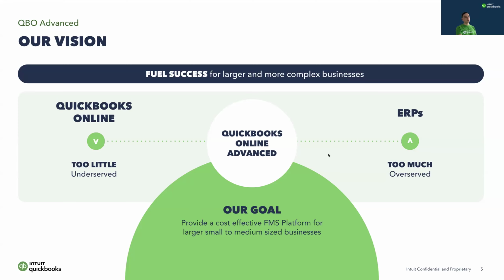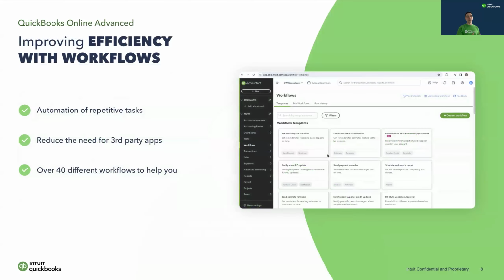Okay, so how it does that is through a number of ways, but the first one I want to talk about is how we can improve efficiency directly with the workflows that are available in there. We've introduced these workflows that can automate many repetitive tasks within QuickBooks, and it can do things like reducing the need for third-party applications.